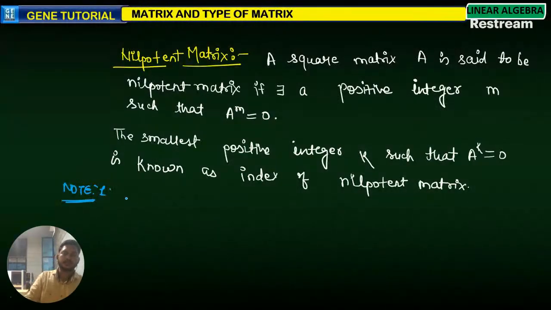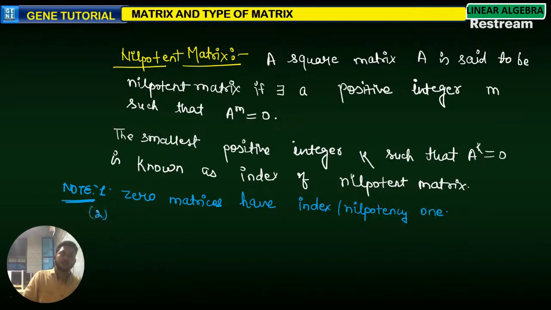Note one: zero matrices have nilpotency index 1.